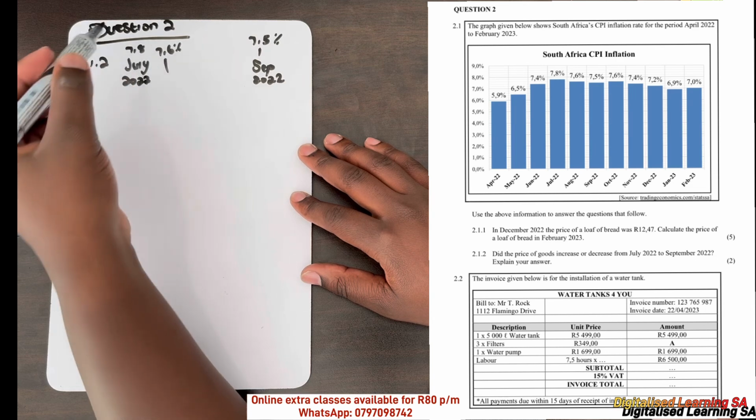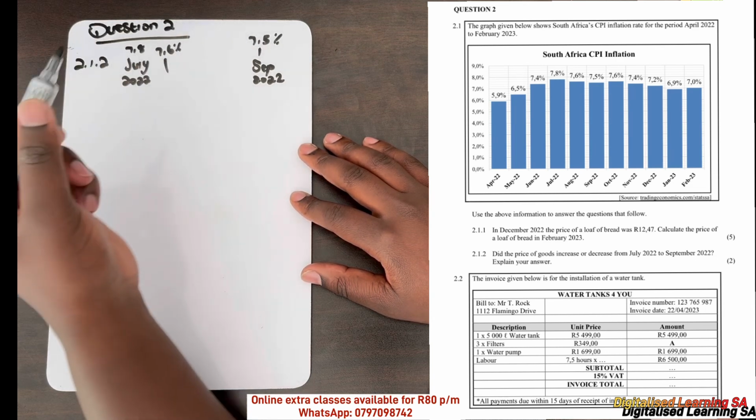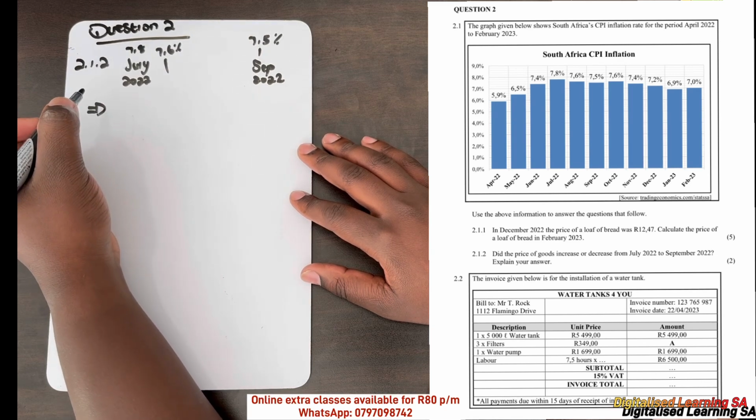So we can see that 7.8, 7.6, 7.5. So we can see that the price increased, but at a lower rate or a lower percentage.